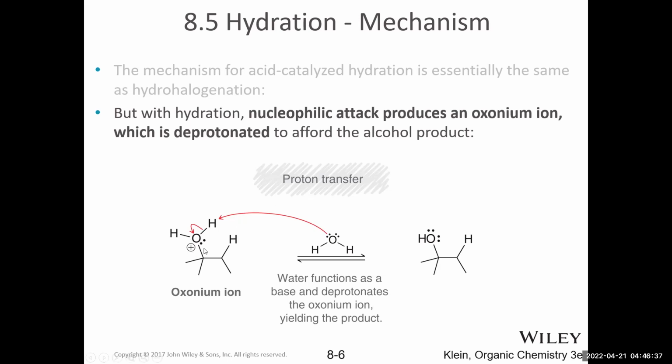That's an oxygen with a positive charge. So we're still not done with the mechanism because oxonium ions are charged and are not as stable as neutral species. Therefore, a final proton transfer with water now acting as a base will occur to generate the neutral alcohol product.